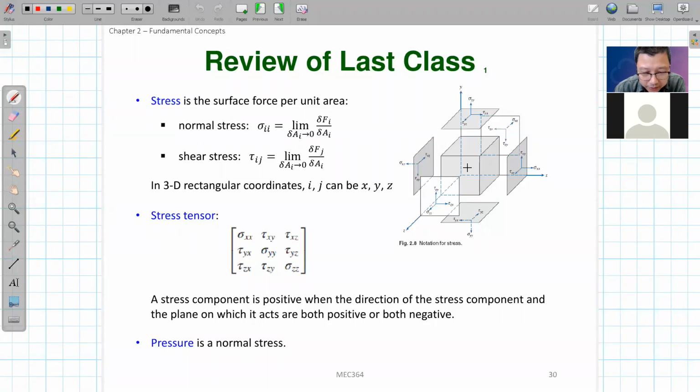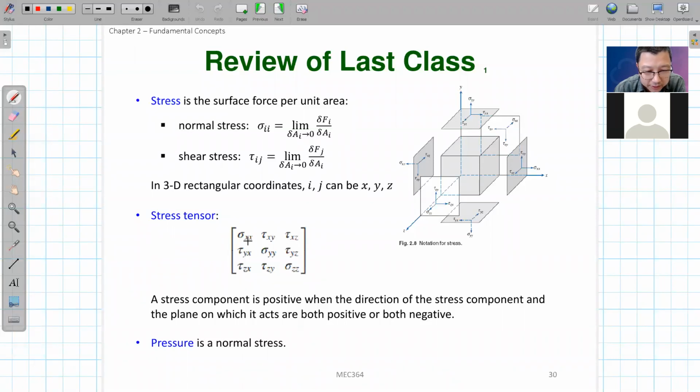These 3 planes can be the x plane, y plane, and z plane across this point. In this way, if you want to calculate the stress at this point, you only need these 9 elements. The first row is the stress on the x plane across this point.